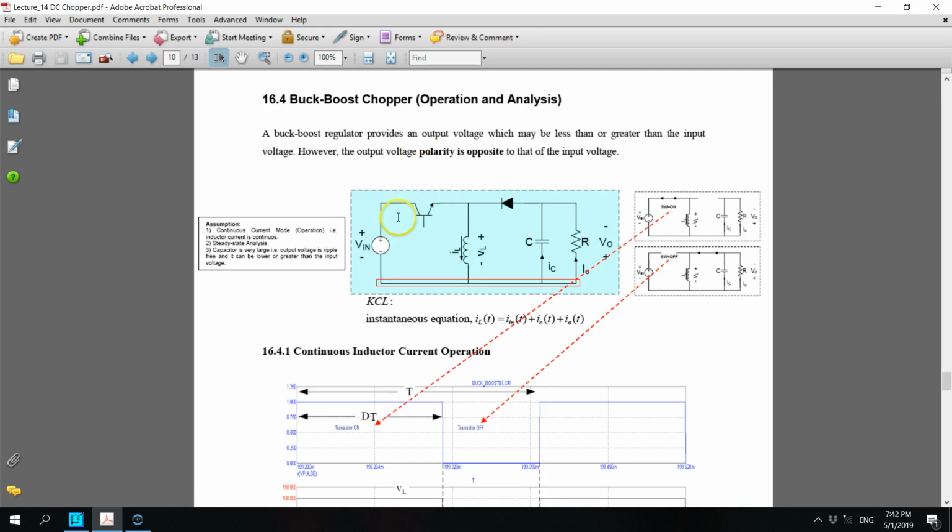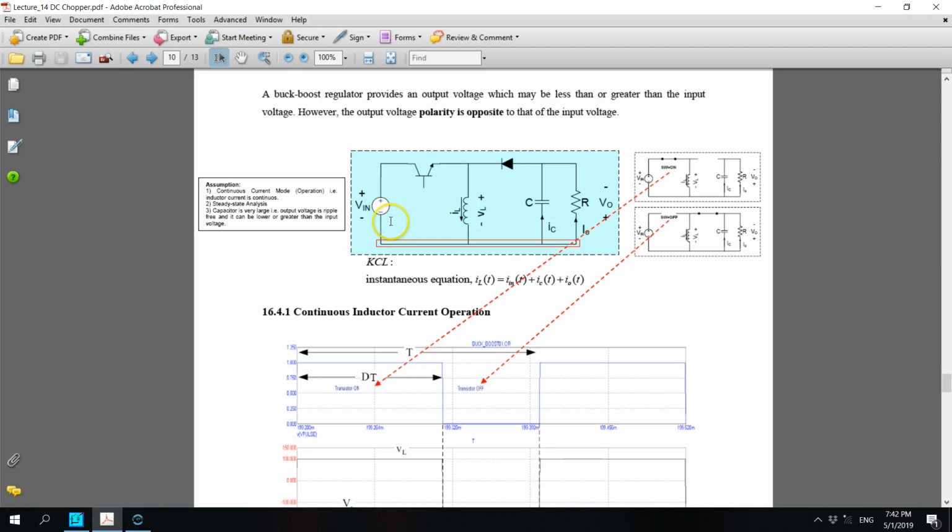Right. To understand the circuit, we need to consider two states of the switch: the on state, when the transistor is on, and when the transistor is off. This is the signal to the transistor, where you have a pulse of 1, then 0 when it switches off, then 1 again.